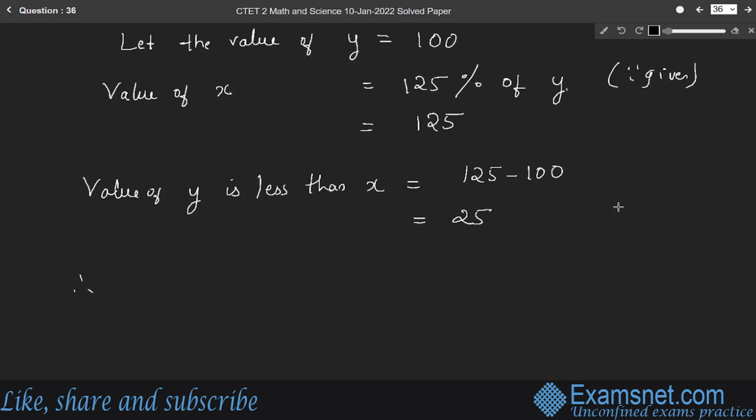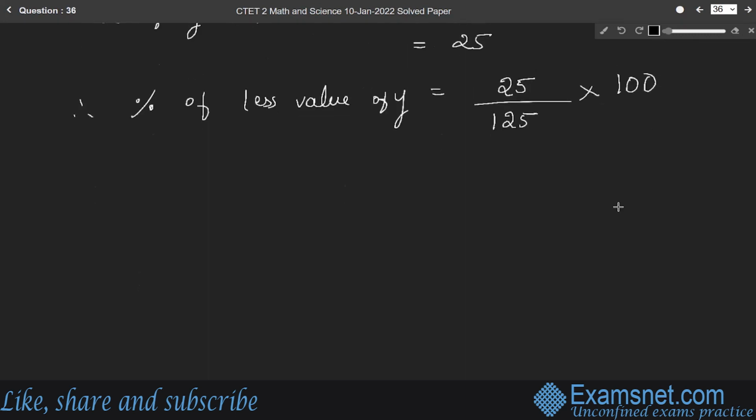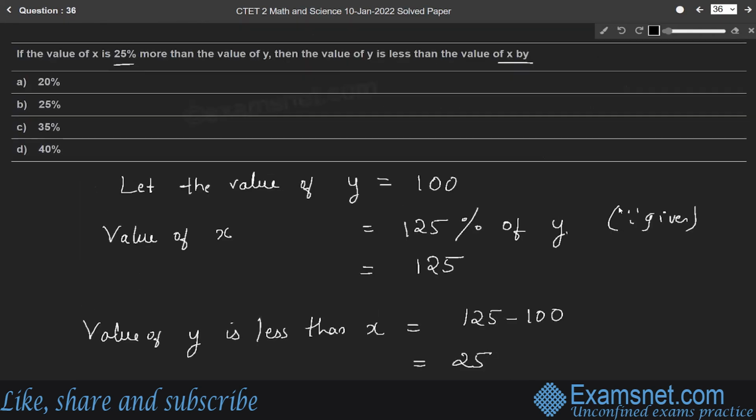So the percentage of less value of Y: when X is 125, the value of Y, which is less than X, is 25. If the value of X is 100, what is the percentage less value, which is 20%. Therefore, the correct answer is option A.